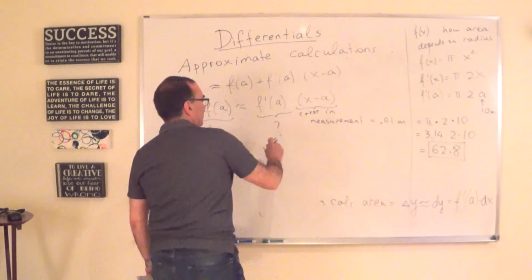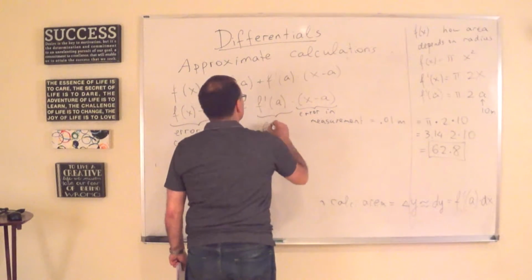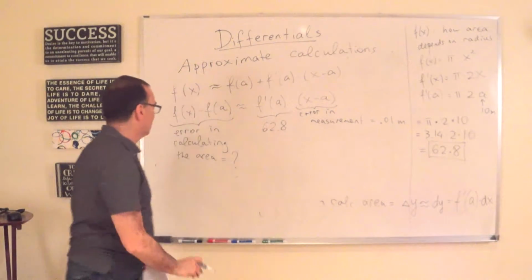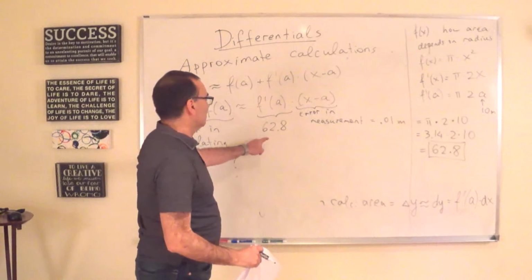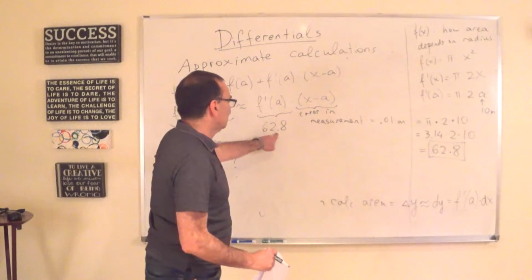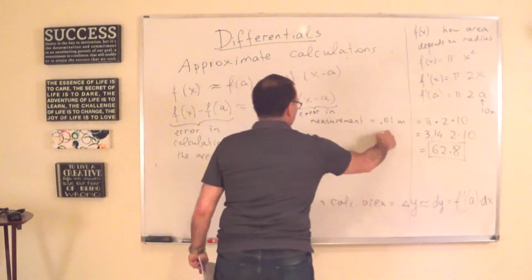So this is what we plug in here, 62.8. I can erase this question mark now. And now all we need to do is multiply together 62.8 times 0.01.